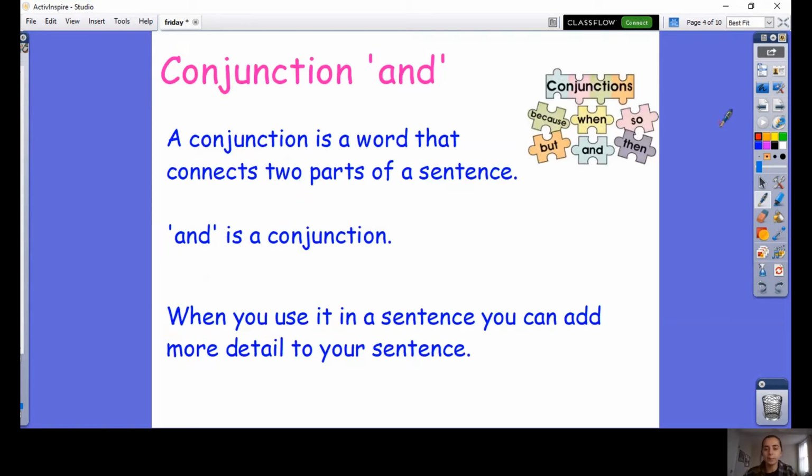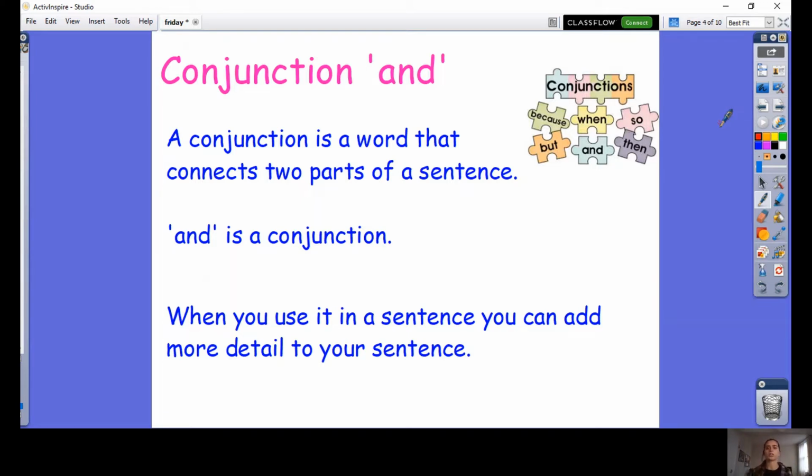When writing our tip, we need to use the conjunction and, because we haven't got just one tip, we have 2 tips. And when you want to put two sentences together, we can use conjunctions. Can we say conjunction? Louder, conjunction.